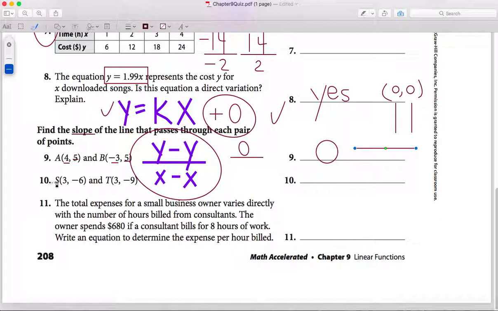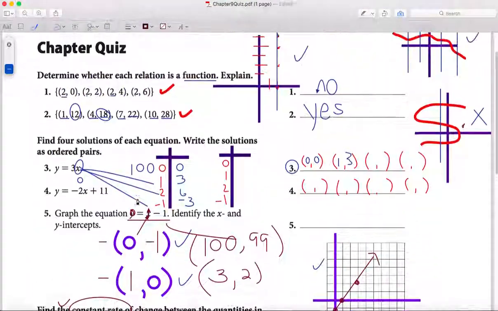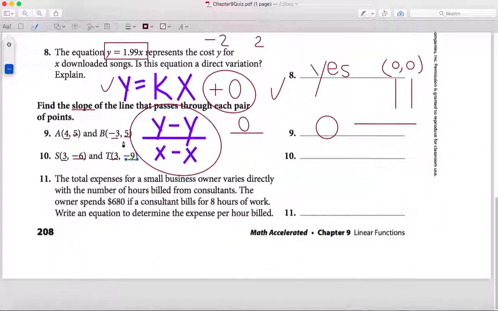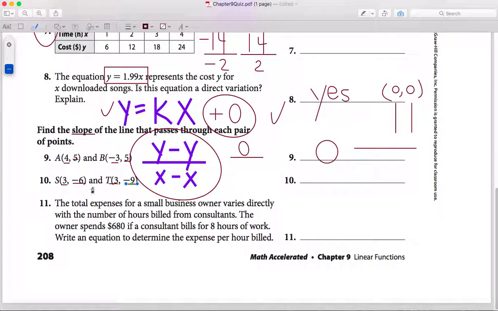For number 10, we have over 3 down -6 and over 3 down -9. That goes up to the very top on deciding whether or not it's a function or not. In this case, we have 2 domains going to 2 different ranges. And if we plotted those points, it would make a vertical line, which is an undefined slope.